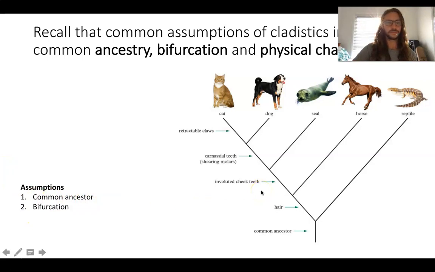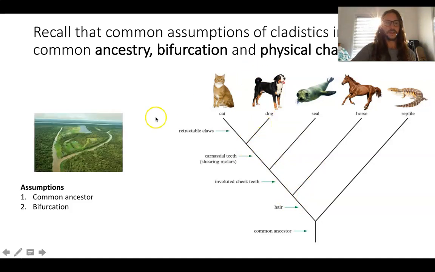Number two, this process of bifurcation that takes place, and it's the assumption that different species have split off from that common ancestor at some point in time. And just to break that word down a little bit, bi means two, and to furcate means to split.